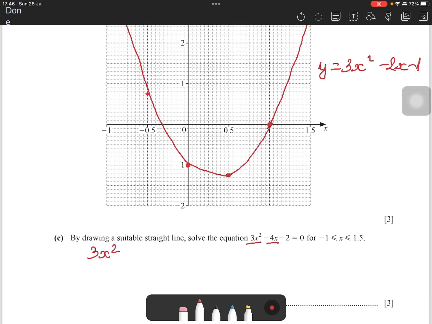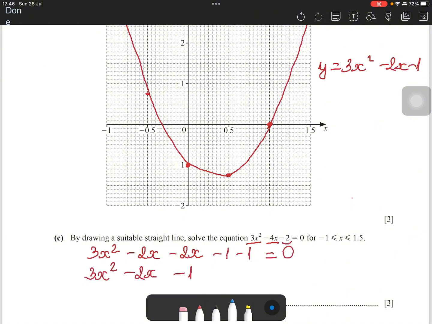Instead of writing minus 4x, I'll write minus 2x, then minus 2x, because I want to keep minus 2x like the one in the graph. And then, instead of writing minus 2, I'll write minus 1, minus 1. Because I need 3x squared minus 2x minus 1.